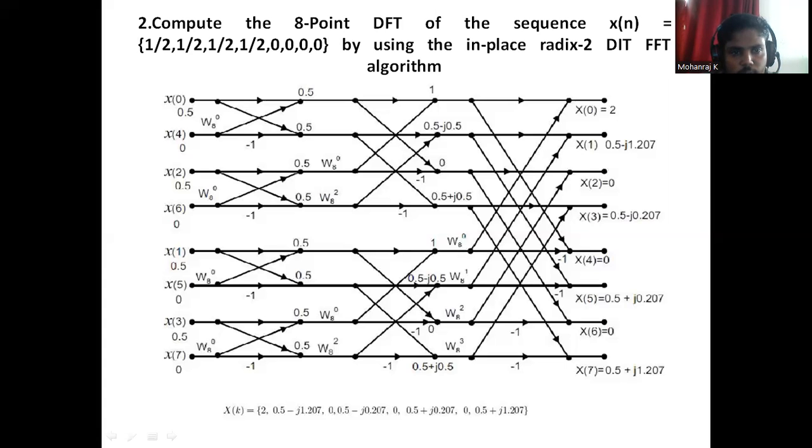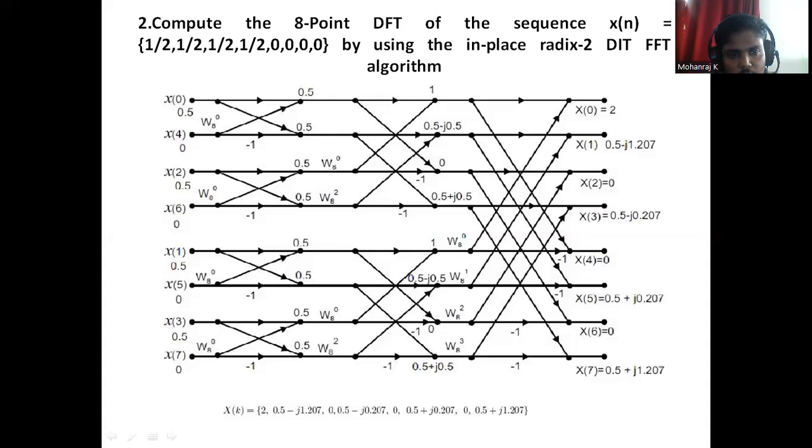Similarly here, 0.5 plus 0 equals 0.5. For this value, 0.5 minus 0 times 1 gives 0.5.